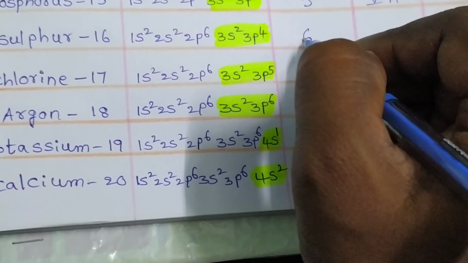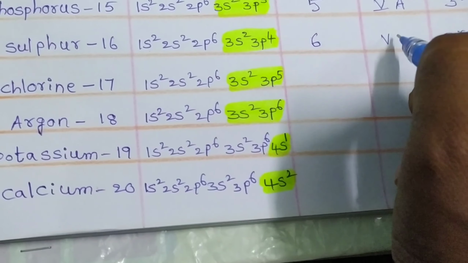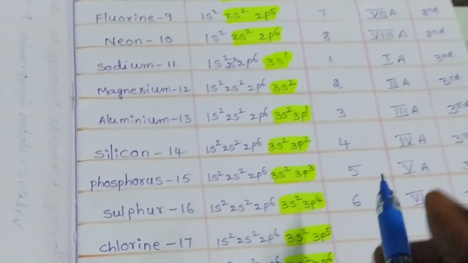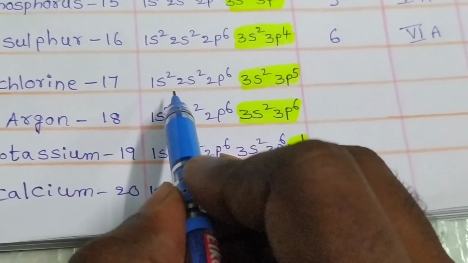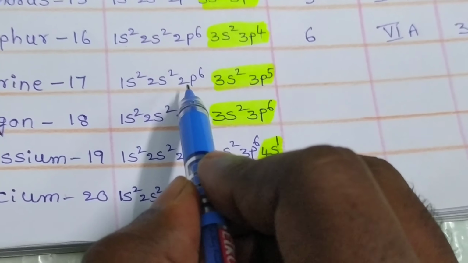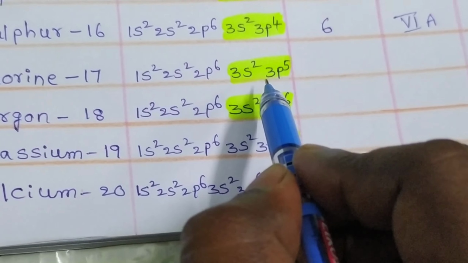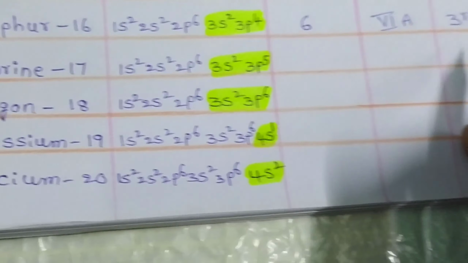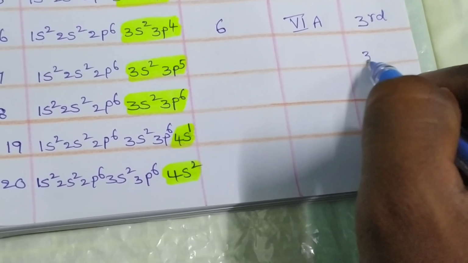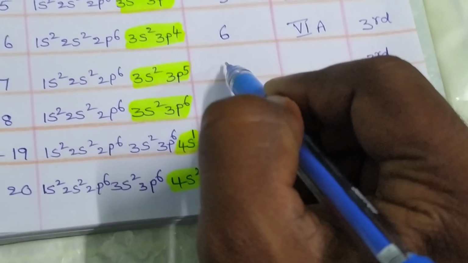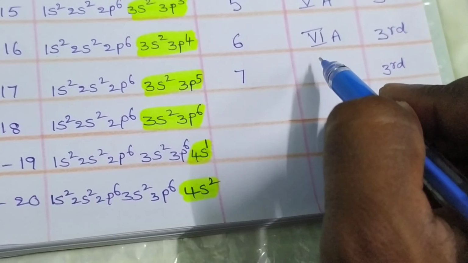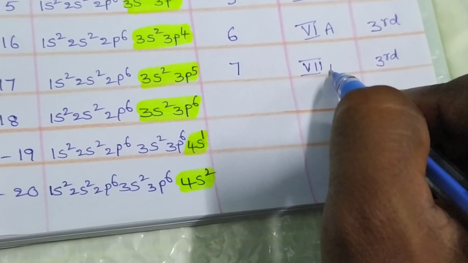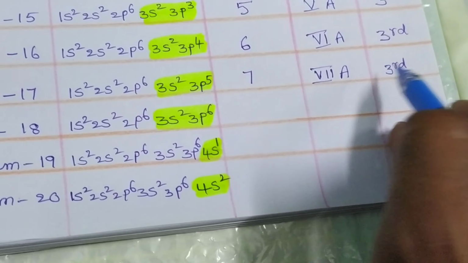It contains 6 valence electrons, so sulfur is present in 6th A group. Next, chlorine. Electronic configuration is 1s2, 2s2, 2p6, 3s2, 3p5. The outermost orbit is third orbit, so chlorine is present in third period. It contains 7 valence electrons, so it belongs to 7th A group, the halogen family group.